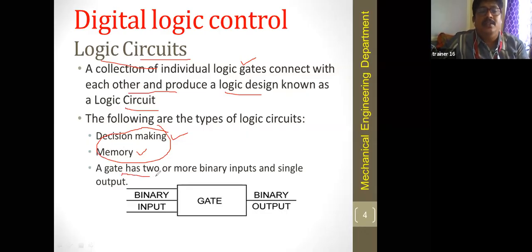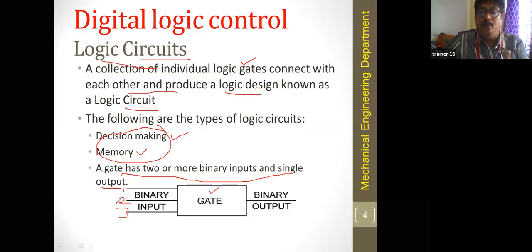And the gate has two or more binary inputs, and we can get a single output. All these gates, see here, this is the flow chart, the block diagram. Here the gate has two or three inputs: this is the first input, this is the second input, and this is the third input.